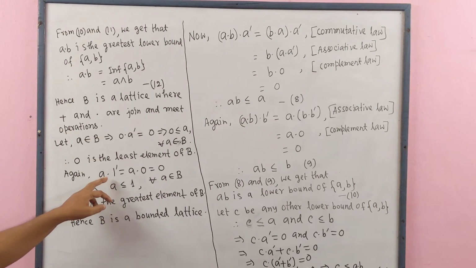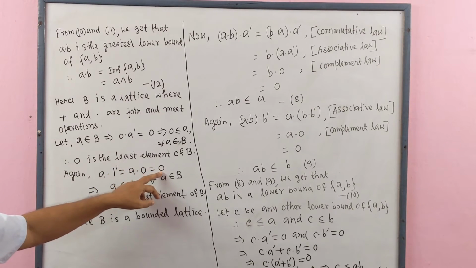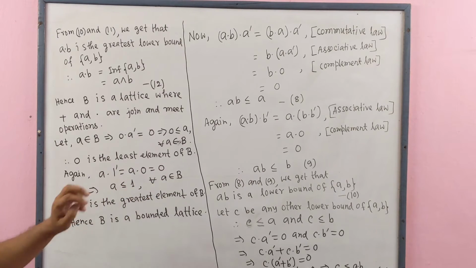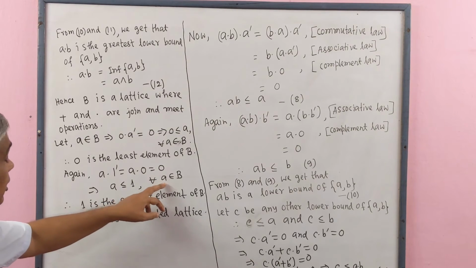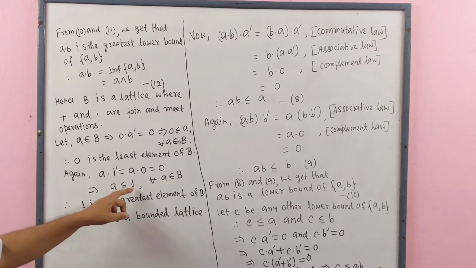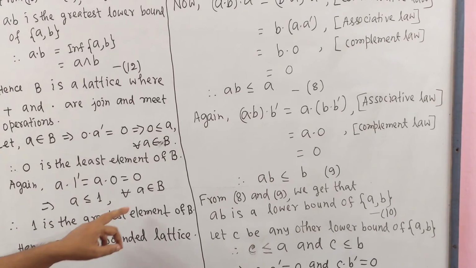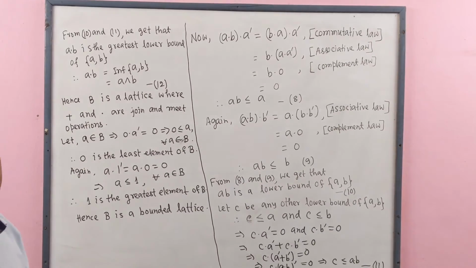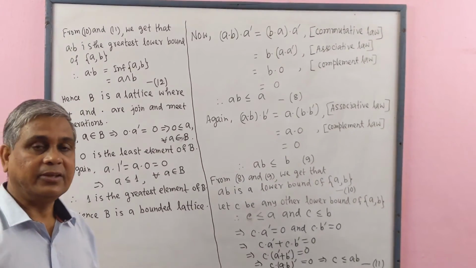Therefore, A dot complement of 1 equal to 0 means A is related to 1 for all A belongs to B. Therefore, 1 is the greatest element of B. Hence, B is a bounded lattice.